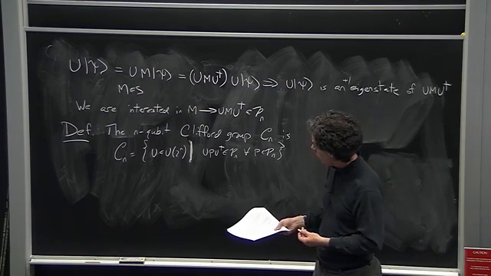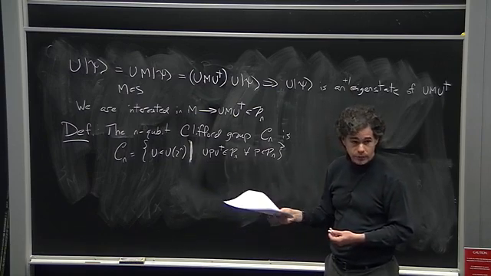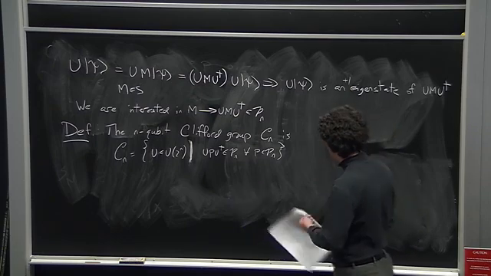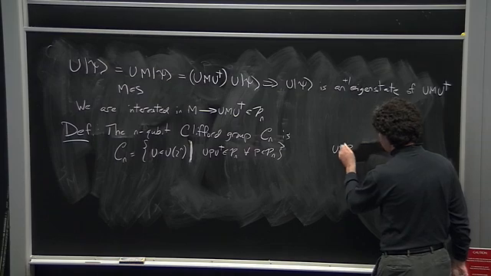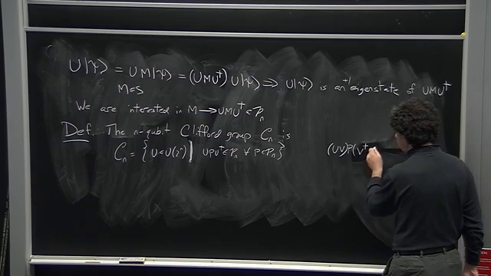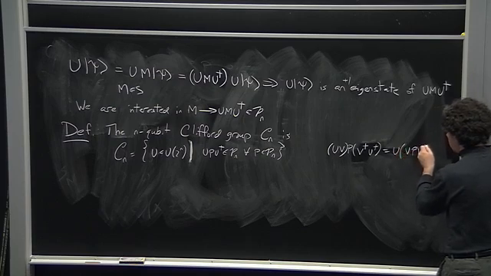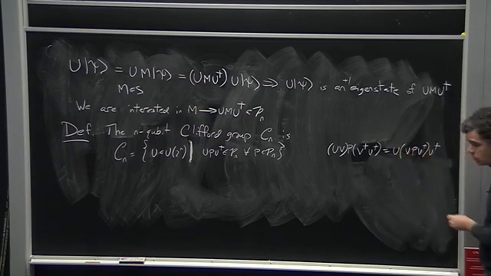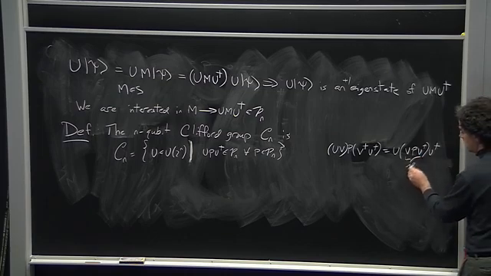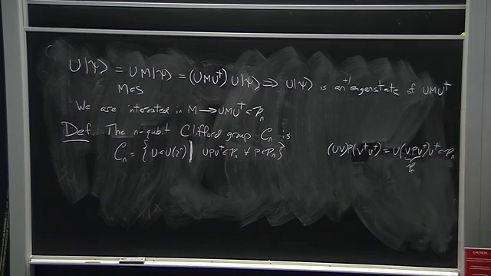So if U is in the Clifford group, and V is in the Clifford group, then UV P, so the UV dagger is V dagger U dagger, and so this is U V P V dagger U dagger. And this is in the Pauli group, by the fact that U and V are in the Clifford group.